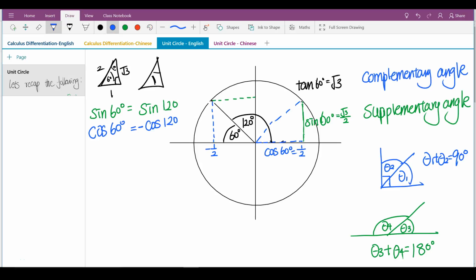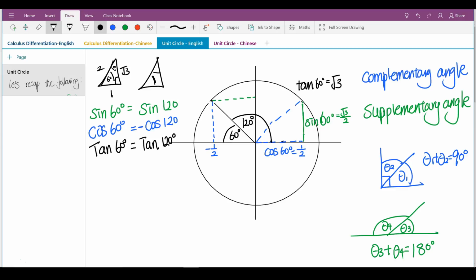And therefore, the last one we're going to talk about is the tan theta. So tan 60, we know, was a positive root 3 before, but is tan 60 actually equal to tan 120? Let's have a look.